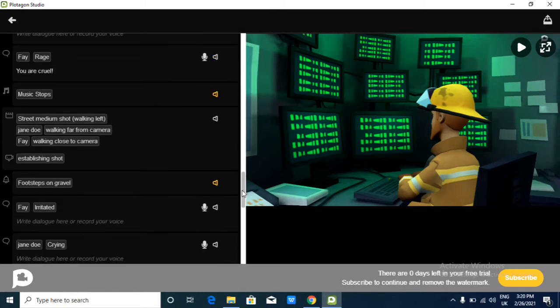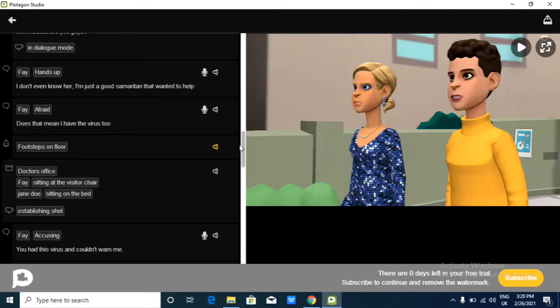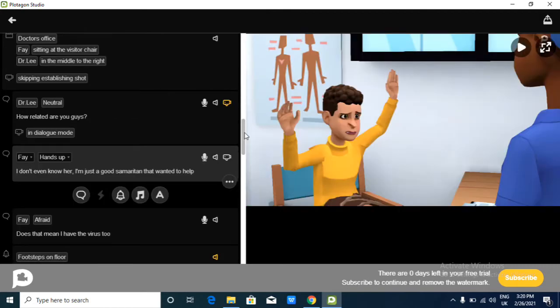When we added multiple characters, like we had Dr. Lee talking to Faye. So the whole scene was the hospital where Faye took Jane Doe, not a friend, like a stranger, to the hospital for a checkup. Jane Doe happened to have contracted the coronavirus, the COVID-19 virus, and Dr. Lee spoke to them, asking how related are you guys?